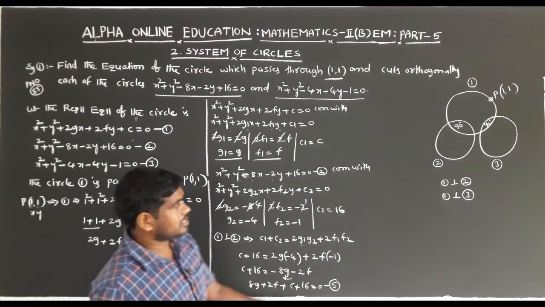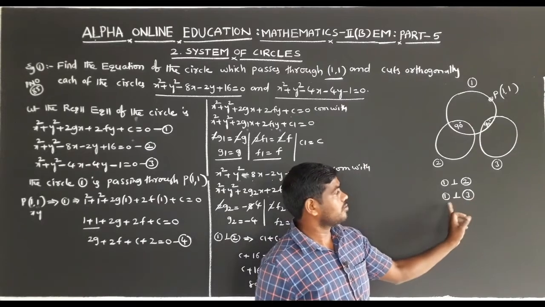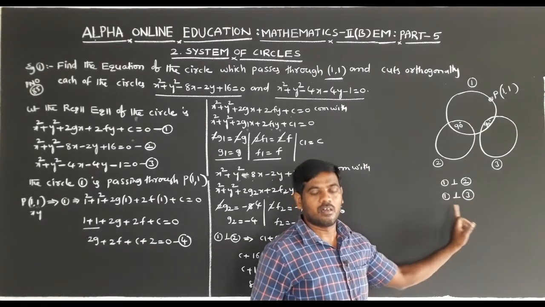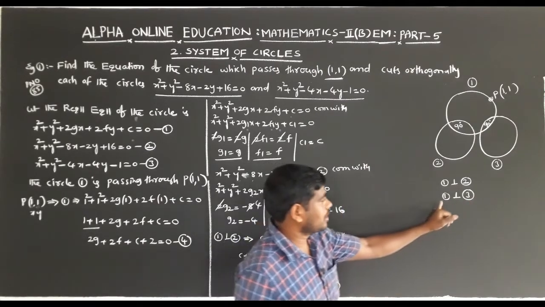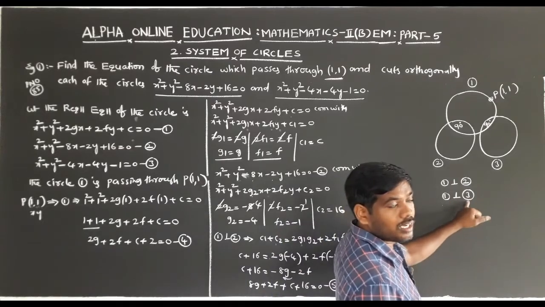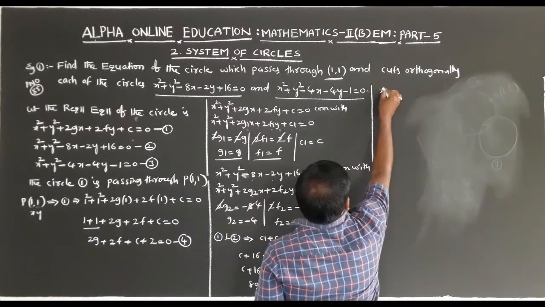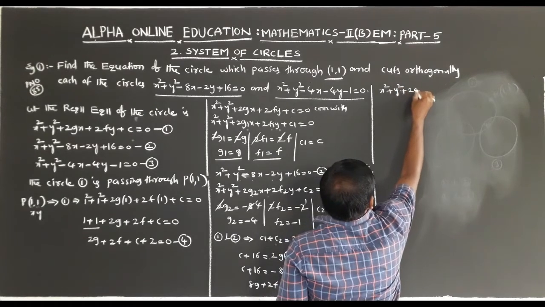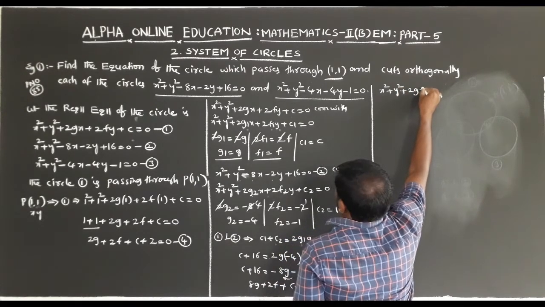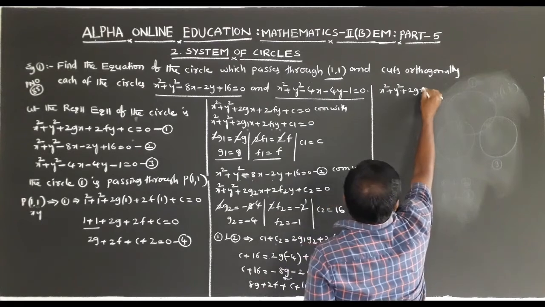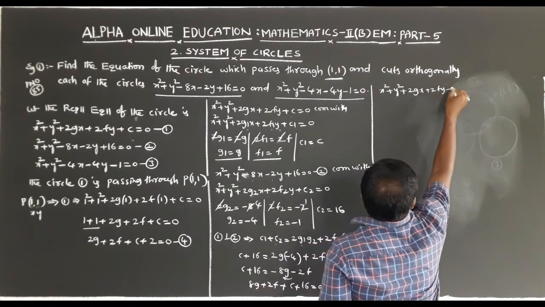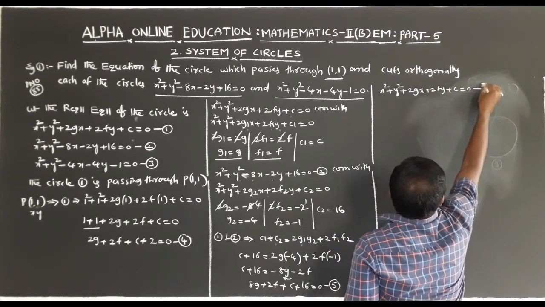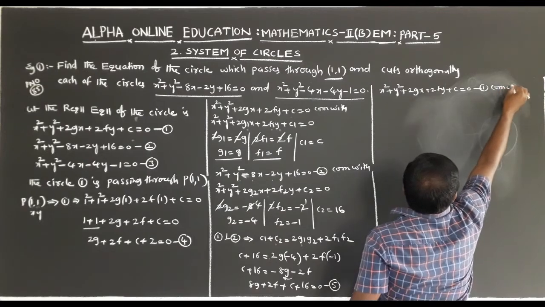Again, the circles 1 and 3 intersect orthogonally. The equation of the circle is x square plus y square plus 2gx plus 2fy plus c is equal to 0.